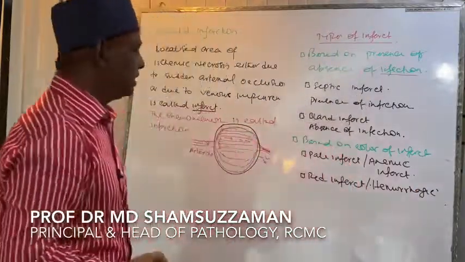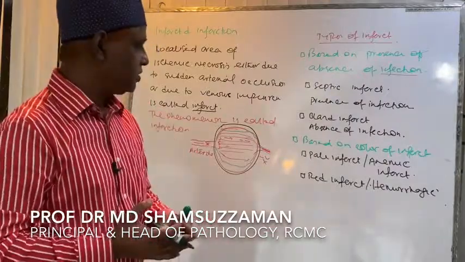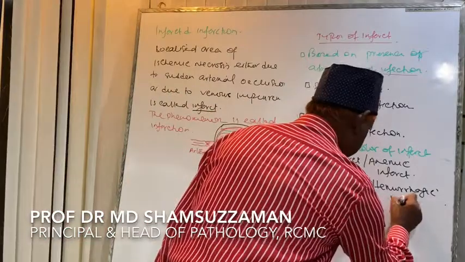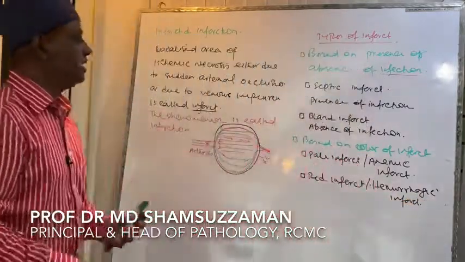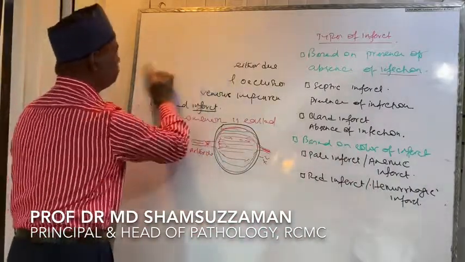So, the necrosed area is red. It is also called hemorrhagic infarct. So, based on color, pale infarct or anemic infarct, another is red infarct or hemorrhagic infarct.